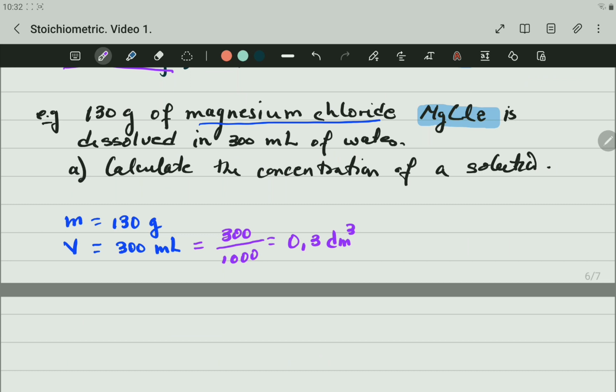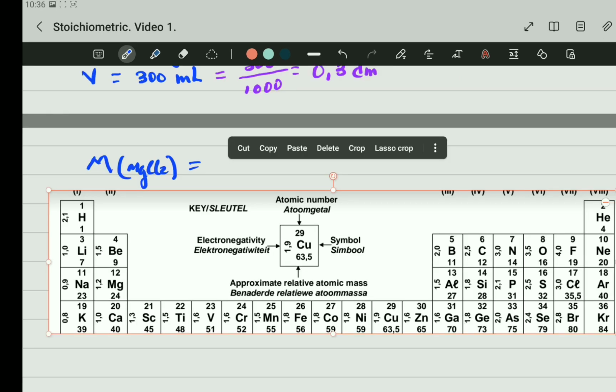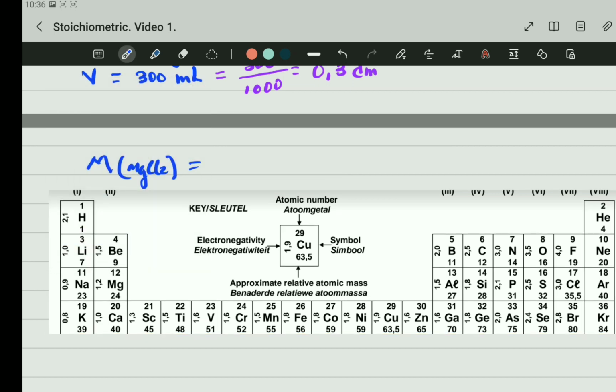So how do we go on now? Now we need to calculate the molar mass of magnesium chloride. So also go back and watch the video related to calculating molar mass. Okay guys, here we are with the periodic table. Here you can see that the molar mass of magnesium is 24 and the molar mass of chlorine is 35,5.